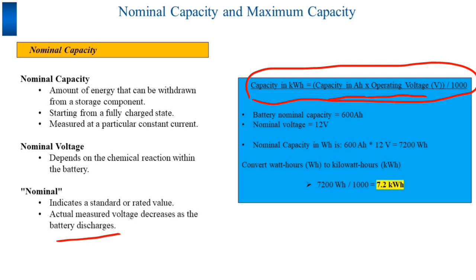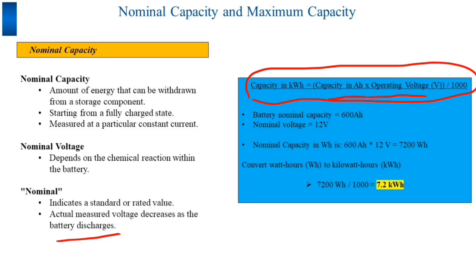It is essential to consider both factors when evaluating the performance of a battery. So how does this relate to practical usage? Understanding the nominal capacity helps us gauge how much energy a battery can provide under ideal conditions.